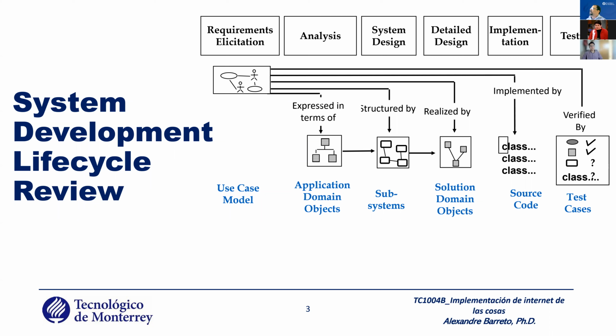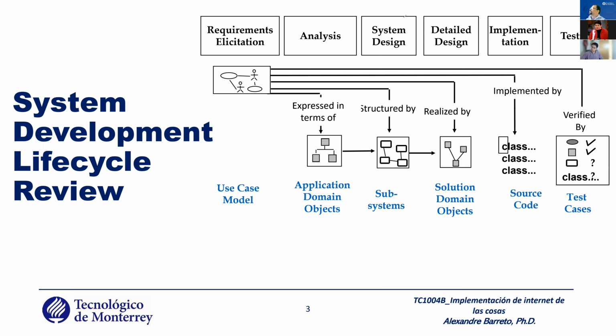And you try to translate what the user said in the model or the main objects. You try to organize it in a representation that you can use during the development, okay?